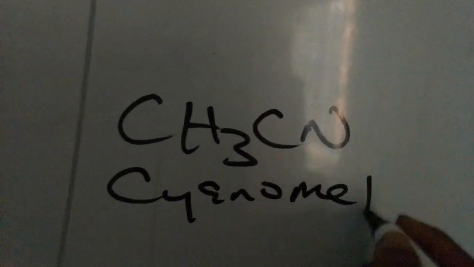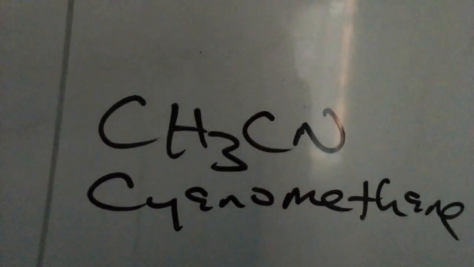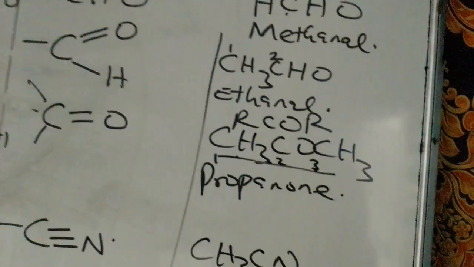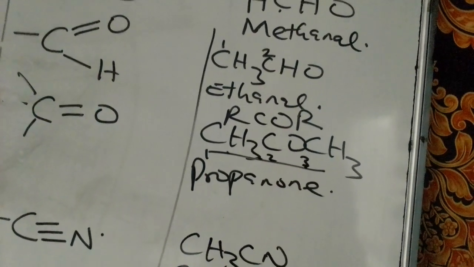So this compound can be called cyanomethane. Cyanomethane. Another example in this one, CH3CH2CN, or written as C2H5CN.